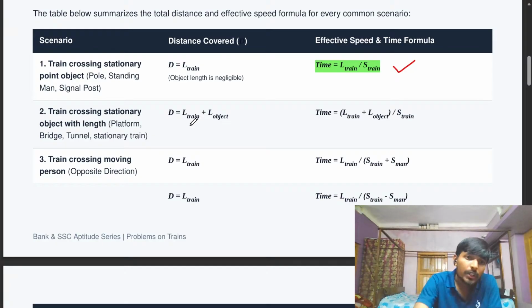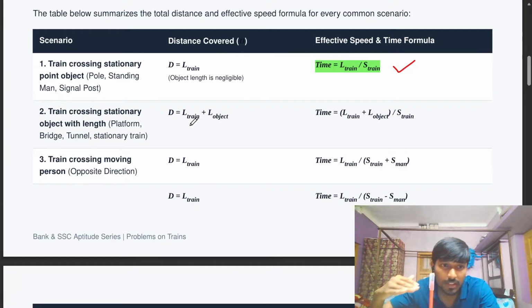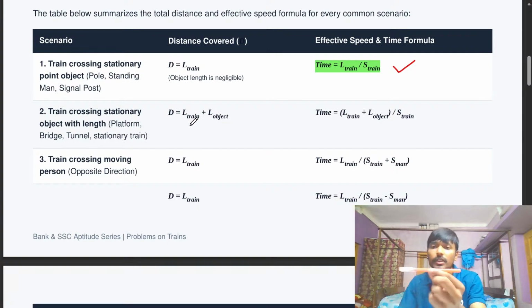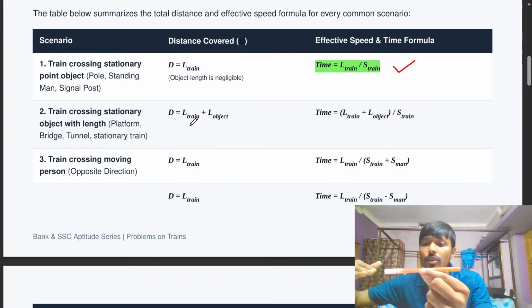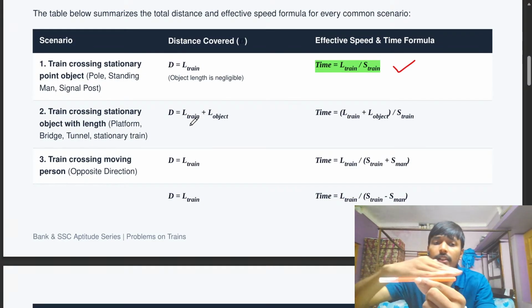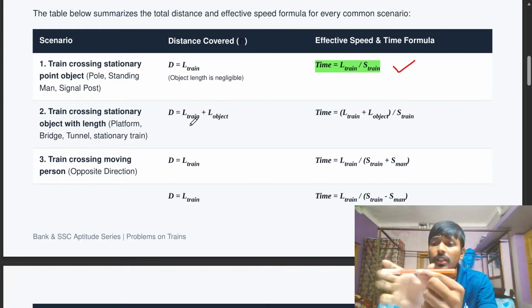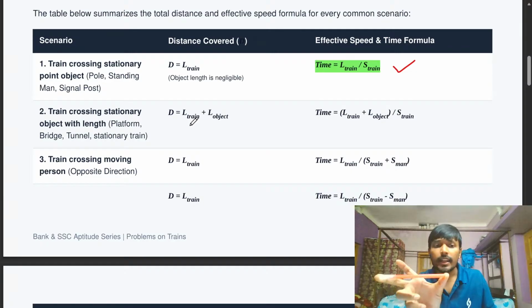Now if we think about the other method, train crossing a stationary object with length, like this is a platform. Suppose this is a platform and this train is crossing like this. So this platform has a length.